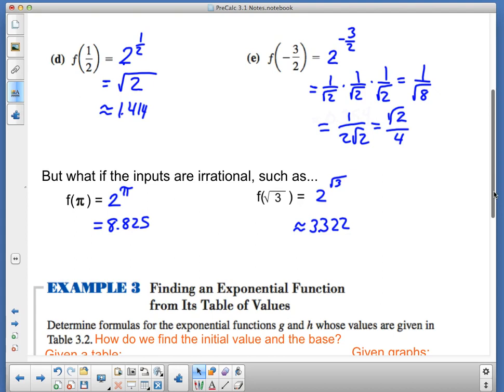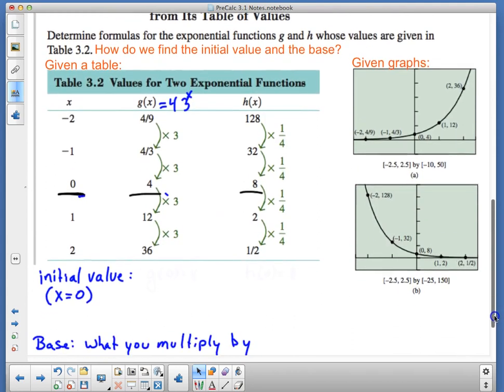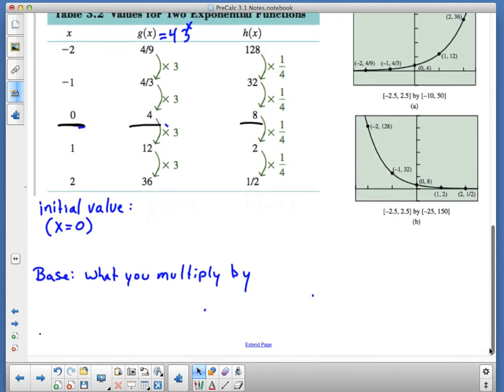Now, as a reminder to review these, finding an exponential function from its table of values. I want to talk about this a little differently at times, but remember when I'm talking about an exponential function, we're always talking about the initial value. The initial value is when x is 0.